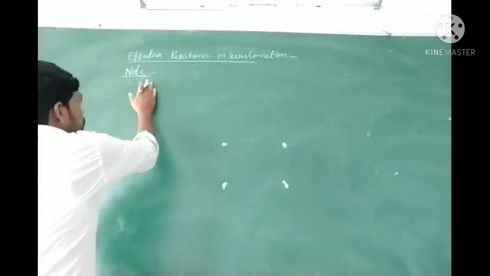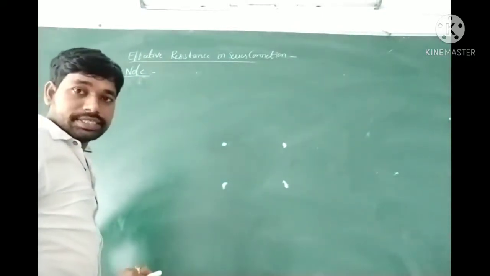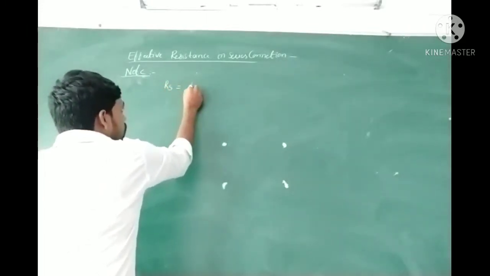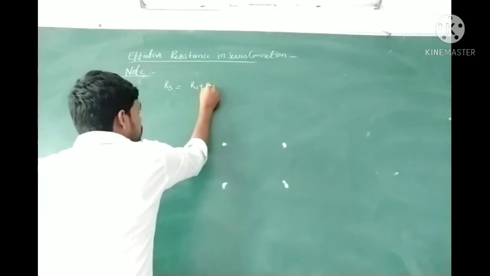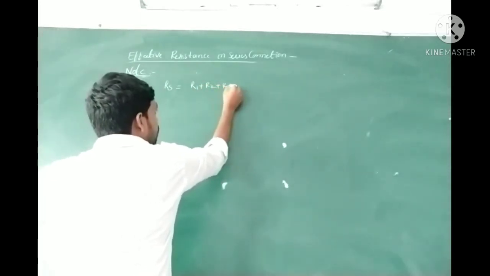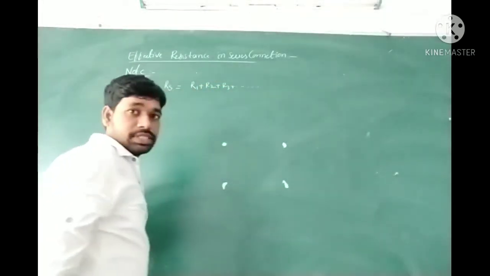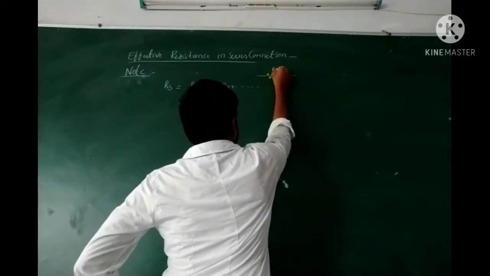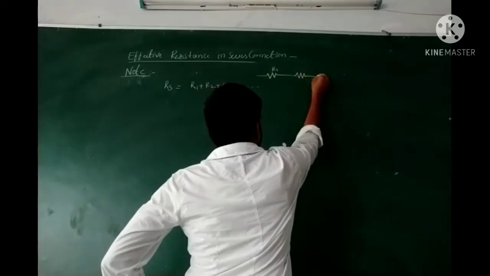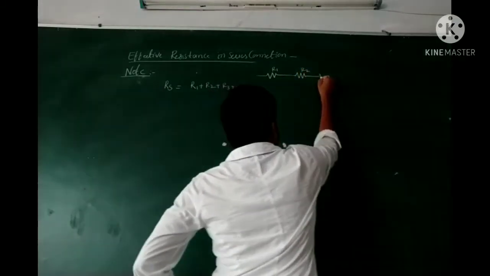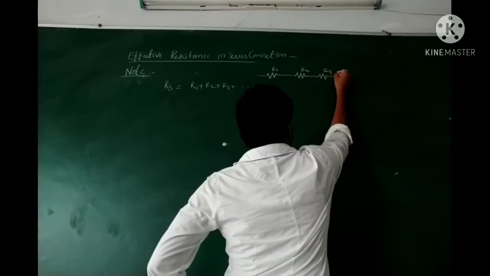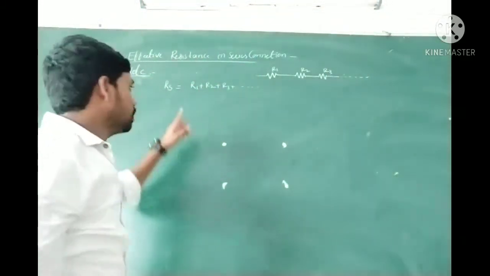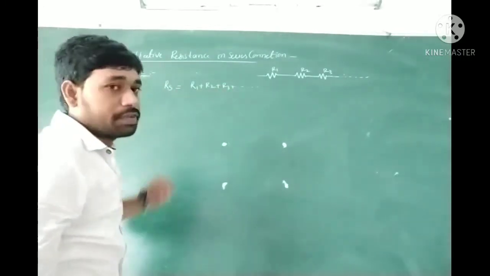When a number of resistors are connected in series connection, the effective resistance in series is equal to the sum of the resistors R1 plus R2 plus R3 and so on. Like if this is the first resistor R1 and there is another resistor R2, and another resistor R3, so however many resistors are connected, the effective resistance of all the resistors is the sum of the resistors.